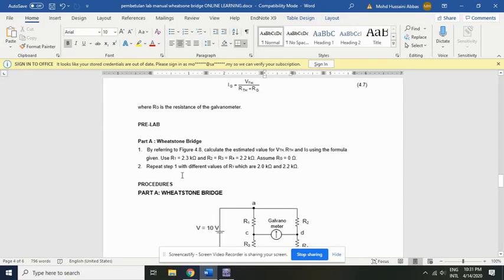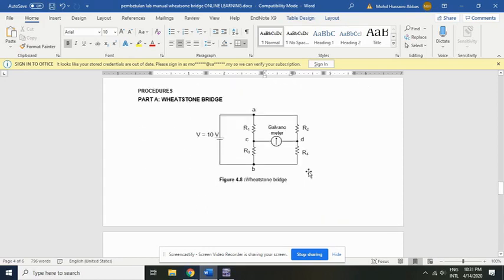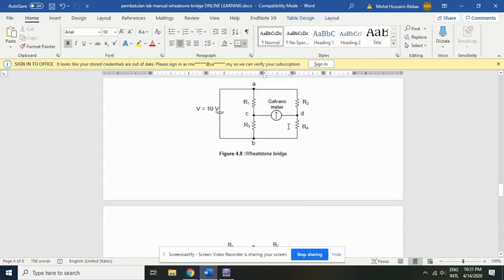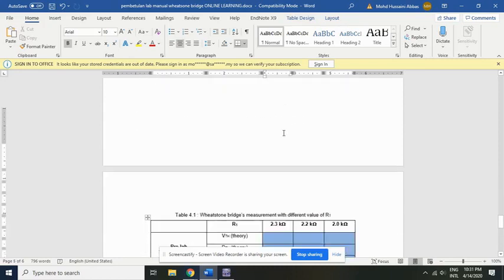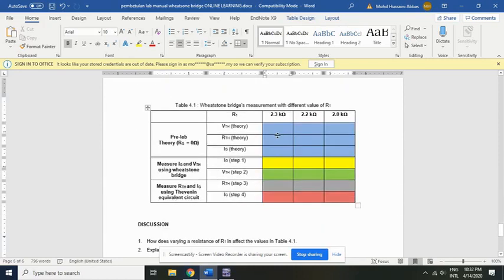And you need to repeat step 1 with different values for R1, which will be 2.0 kilo ohm and 2.2 kilo ohm. For this calculation, you're going to write the answer inside this table 4.1, here in the blue column. This is the answer using calculation from your pre-lab.